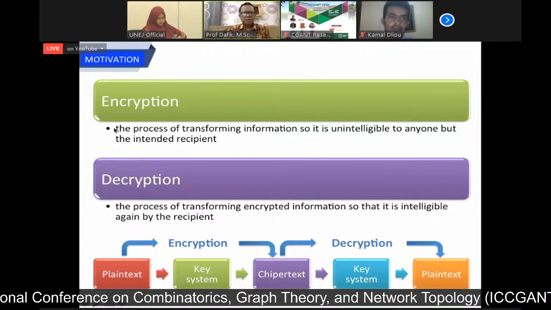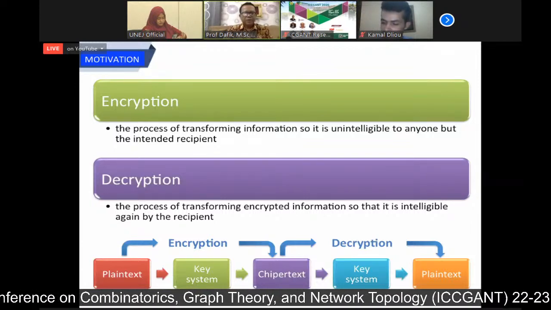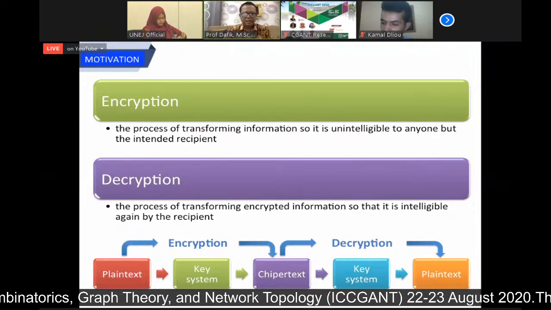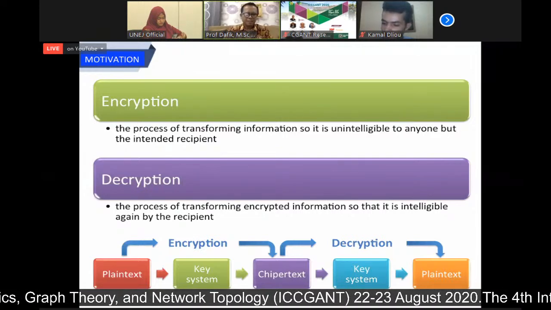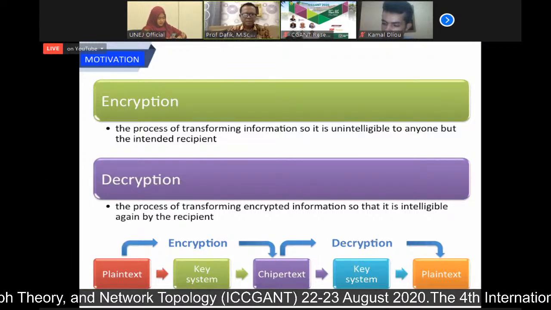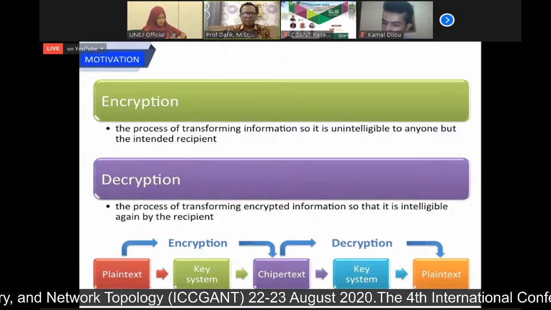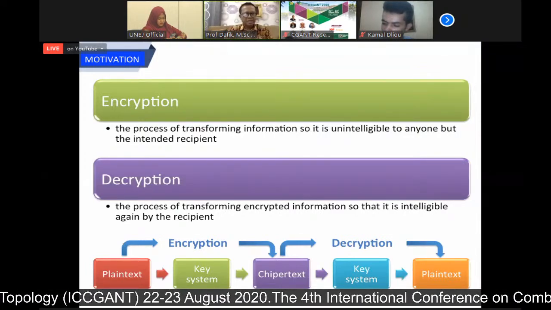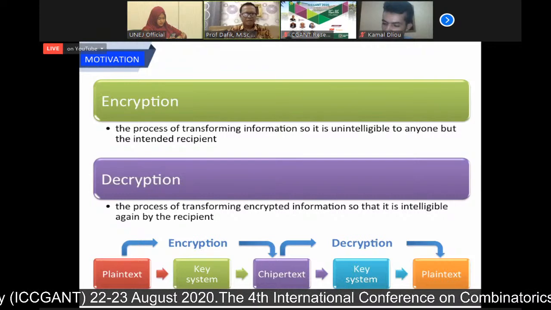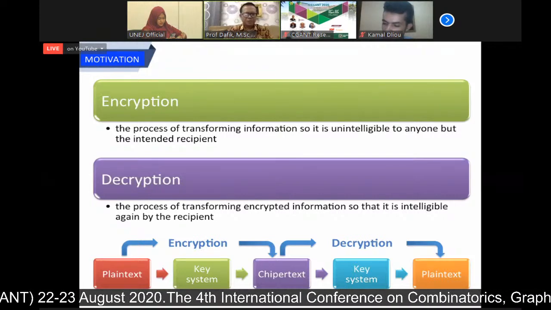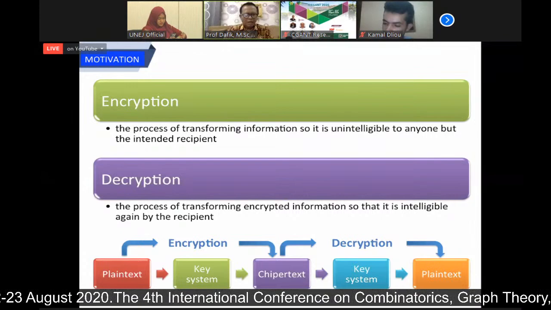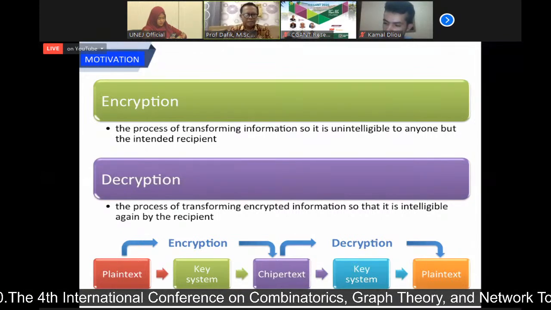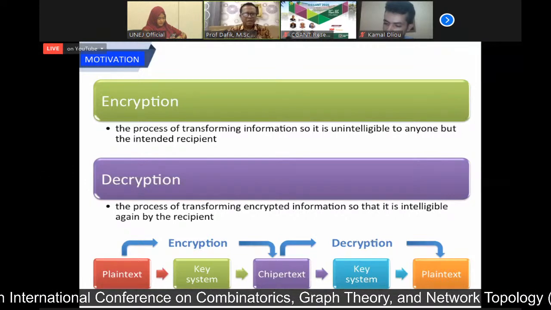So actually the two things in a crypto system are the encryption process and the decryption process. The encryption process transforms plaintext into ciphertext, and then we need a key system. And then again, how to reveal the ciphertext such that a human being can read it.